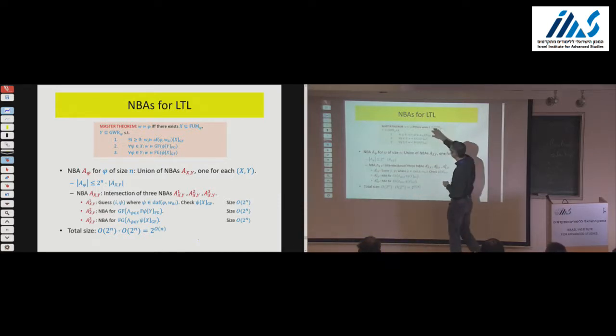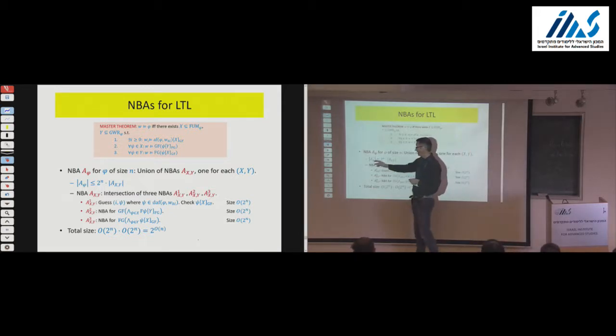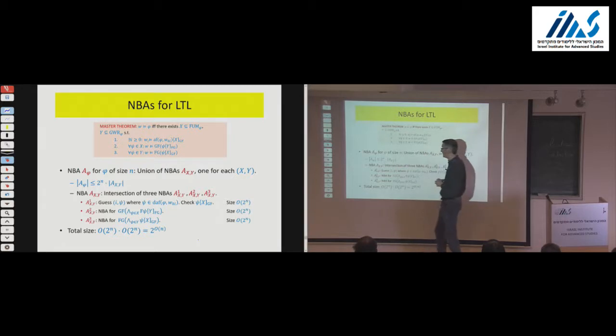Okay, what about NBAs? If you want an NBA, again, you have to take the union of the NBAs, once for each x and y. But remember, when your automata are non-deterministic, the size of the automaton for union is the sum of the sizes. So the size of A phi is going to be 2 to the n times the maximal size of one of these A_xy. These A_xy are going to be the intersection of three automata.